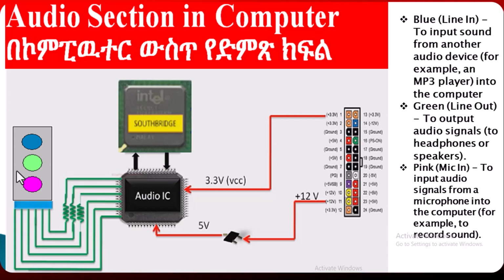This green line out is to output the audio signal to headphones or speakers. This pink mic in is to input the audio signal from a microphone into the computer, for example, recording sound.